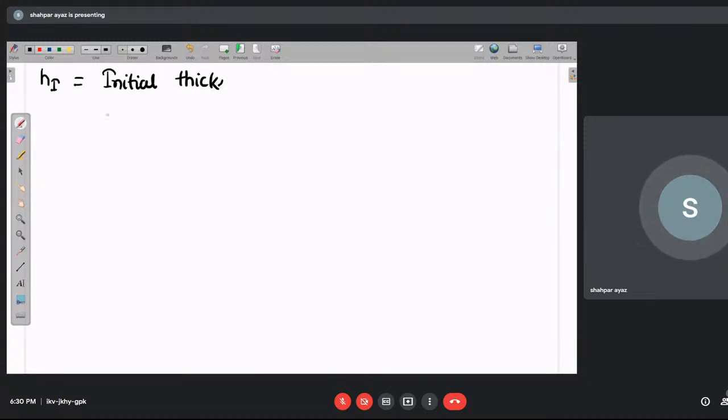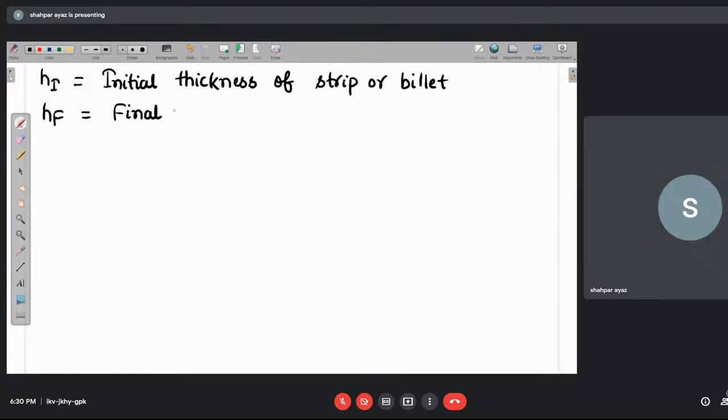You can also call it a strip or billet, whatever you call. HF is your final thickness. Delta H is your draft of the rolling process.